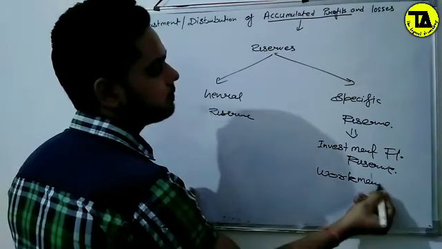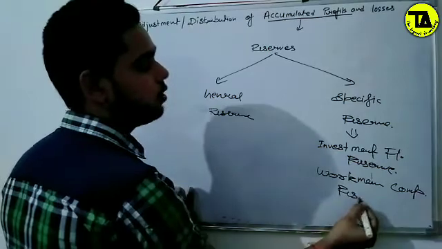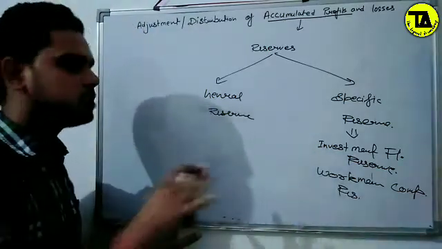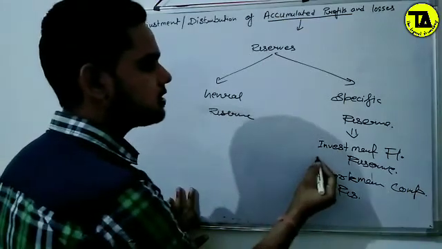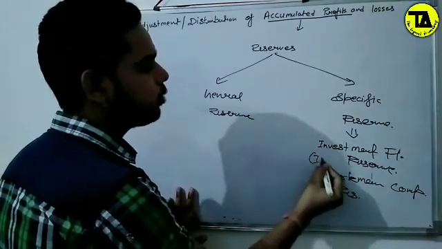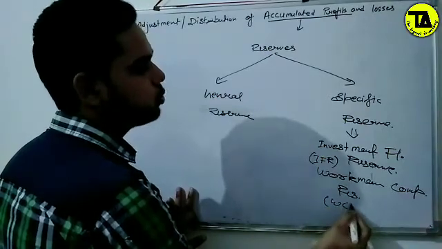Because of less space I am writing in short. Normally investment fluctuation reserve is popularly known as IFR and workman compensation reserve is known as WCR.